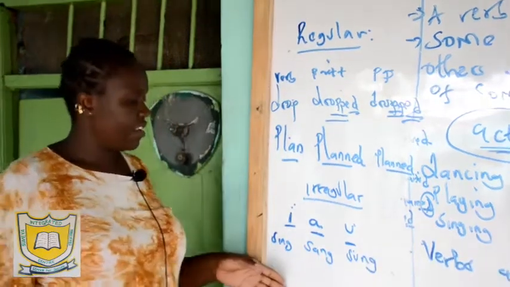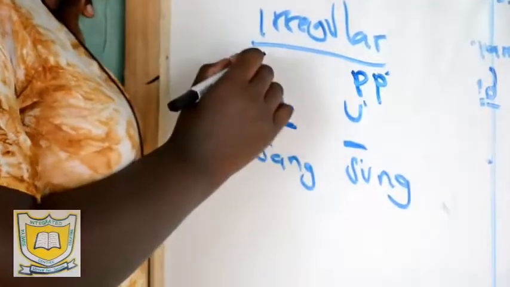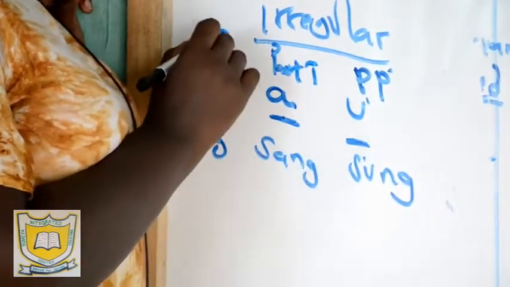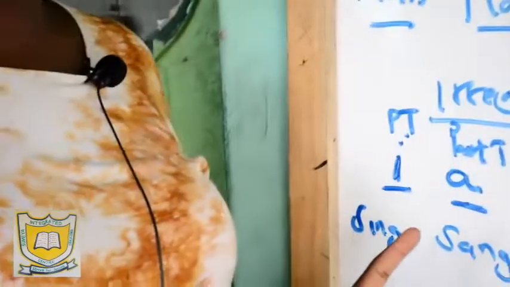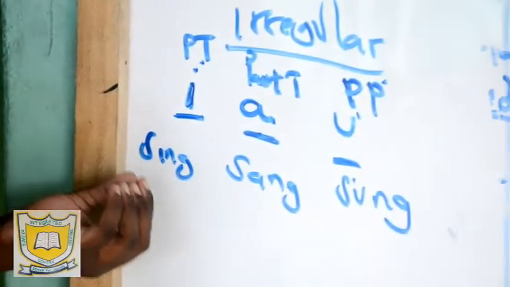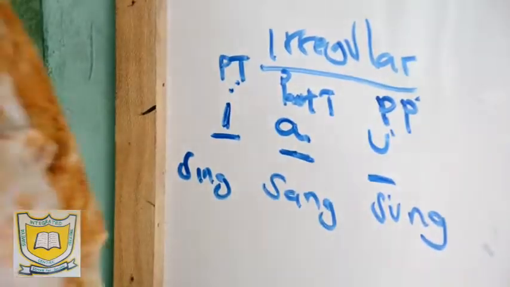So I have the present tense, the past tense, and then the past participle. These are the irregular verbs that change from an I to an A to a U.